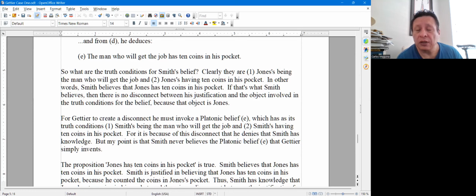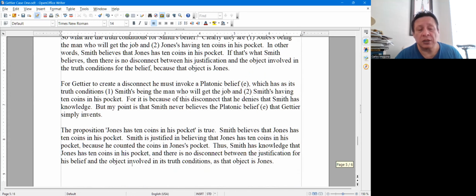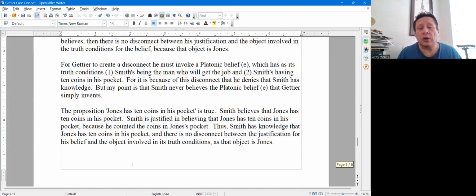And when he says, or when he thinks, the man who will get the job has 10 coins, he means Jones has 10 coins in his pocket. So the proposition Jones has 10 coins in his pocket is true, because Jones, in fact, has 10 coins in his pocket. Smith believes that Jones has 10 coins because he counted them, right?